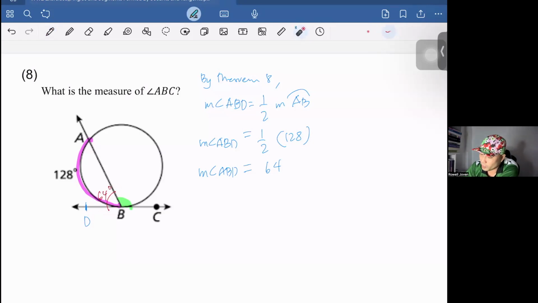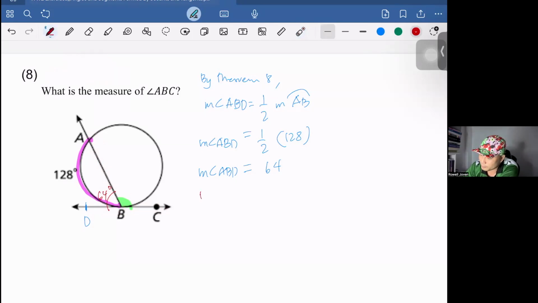Now, what we want is the measure of angle ABC. We know that angle ABD and angle ABC form a linear pair. Angles that form a linear pair are always adjacent, and the sum of the measures is equal to 180 degrees.